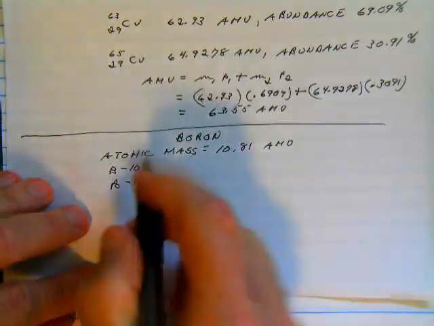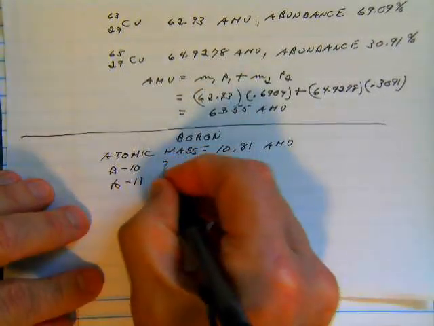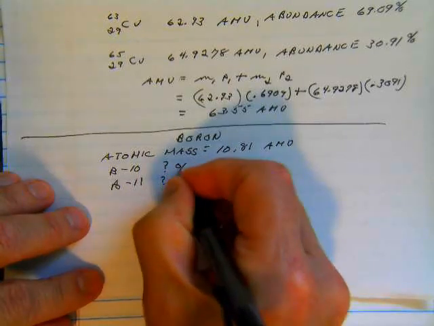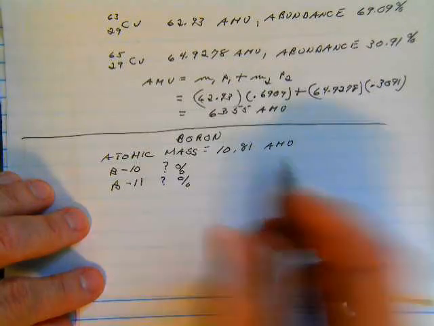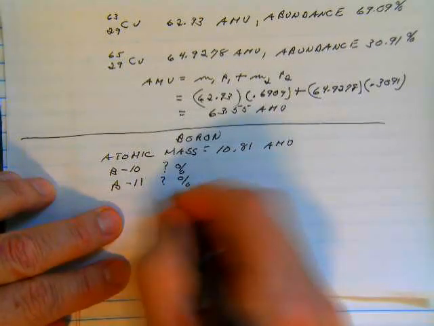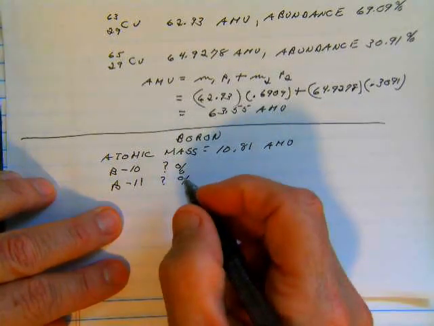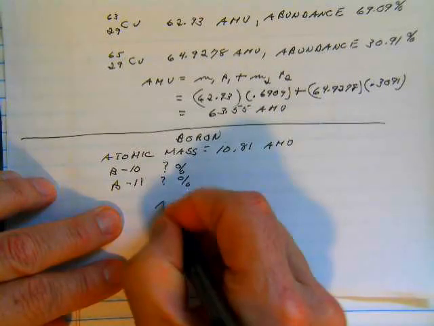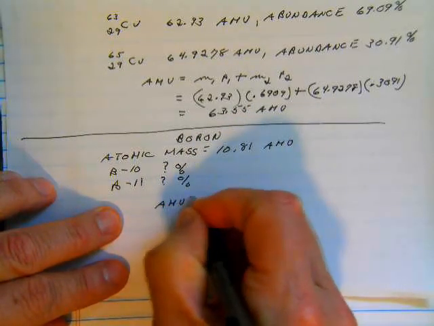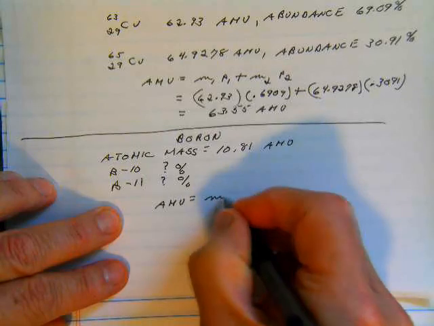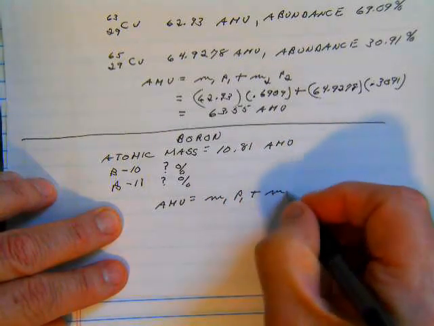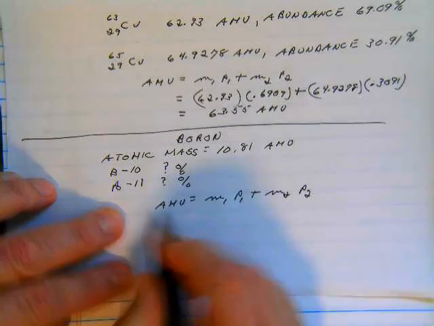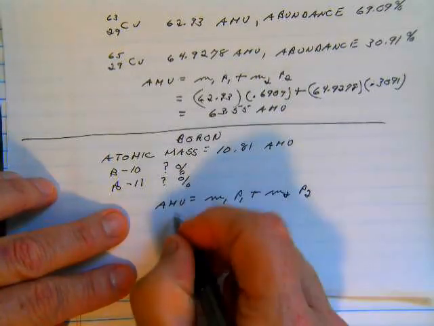So we've got our two isotopes of boron, and we don't know the percents. If we look at our formula, we're looking for our average atomic mass in AMUs, so it's going to be M1 times percent 1, plus M2 times percent 2. We know what this is, 10.81.